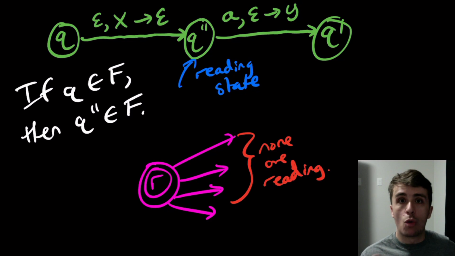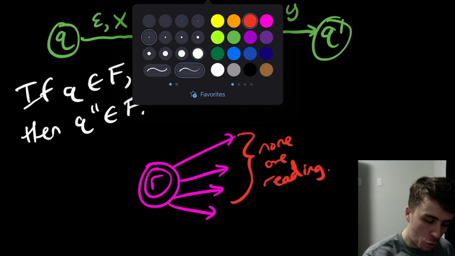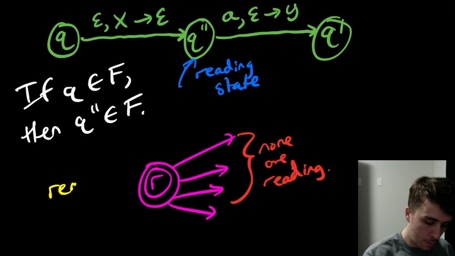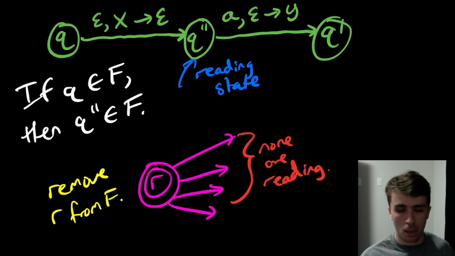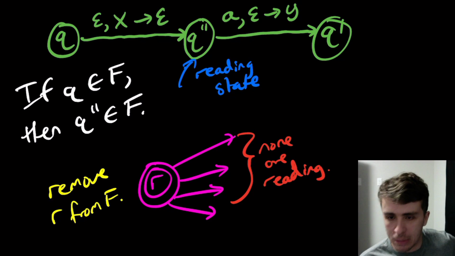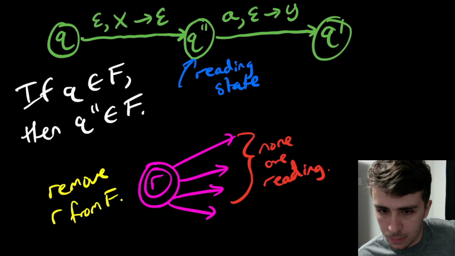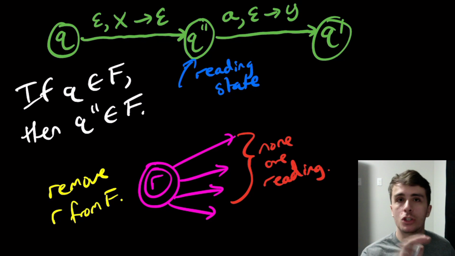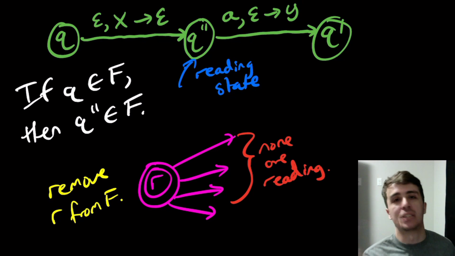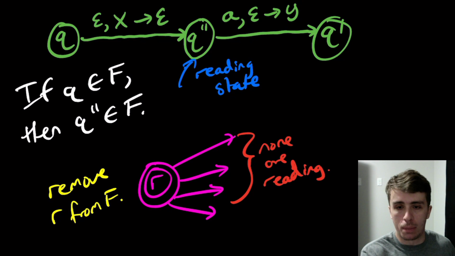Then there are no reading transitions whatsoever, so what we're going to do is remove R from F because it's not actually a reading state. Okay, so that's all that we actually need to do. Let me just check to be absolutely sure. Yeah, so any state that's not a reading state, we're going to remove it from the set of final states if it was there before.